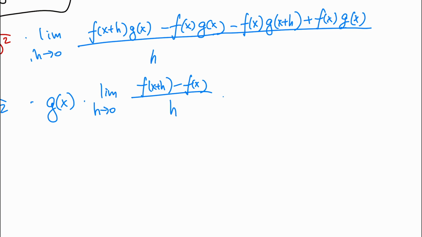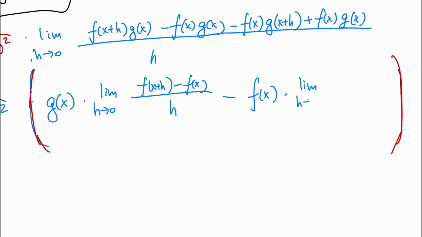That minus what we have over here is, so don't forget the extra parentheses over here. That is minus this f of x times the limit as h approaches 0.